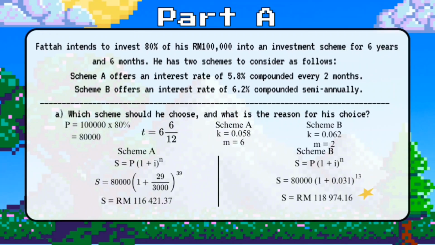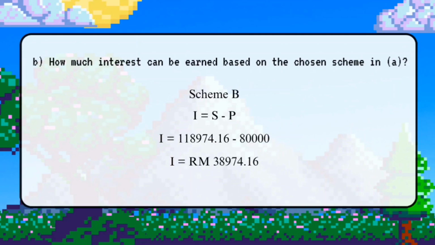The accumulated amount for Scheme A is 116,421 ringgit and 37 cents, whereas the accumulated amount for Scheme B is 118,974 ringgit and 16 cents. Fatah should choose Scheme B because it offers a higher interest rate and a higher accumulated amount compared to Scheme A. Question B. How much interest can be earned based on the chosen scheme in question A?